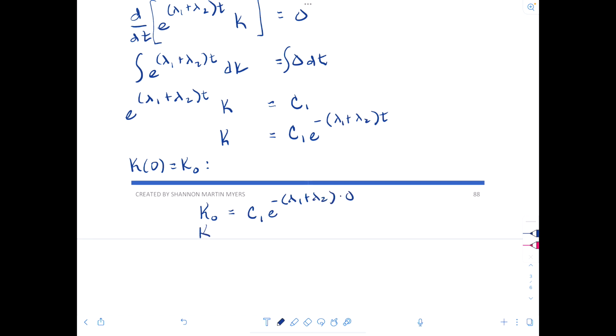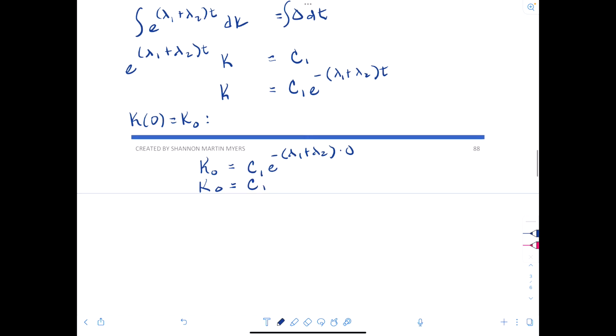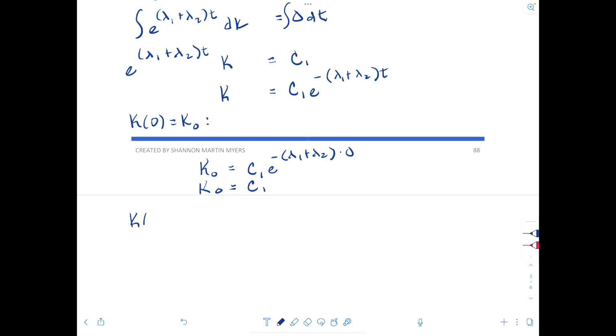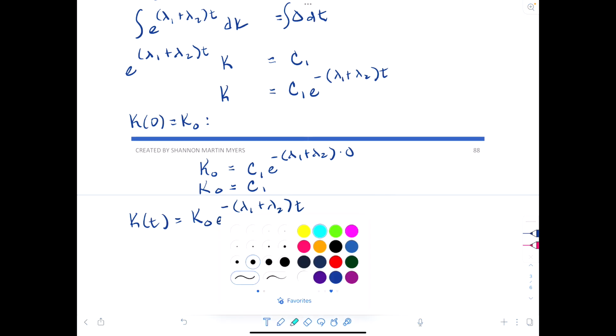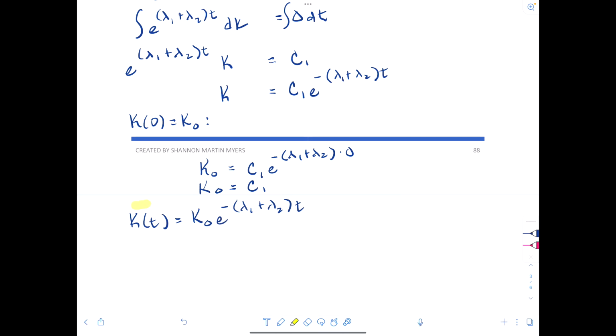And so K0 is just equal to C1. So K(t), the first thing we found that we needed, is K0 times e to the negative lambda 1 plus lambda 2 times t. Cool? So that's the first bit of business that we were looking to find.